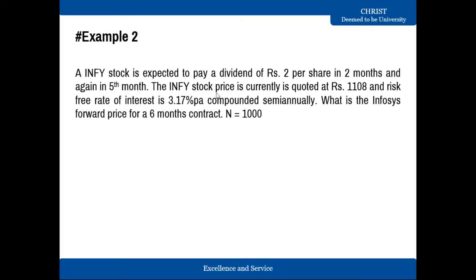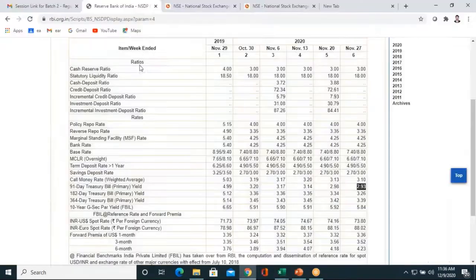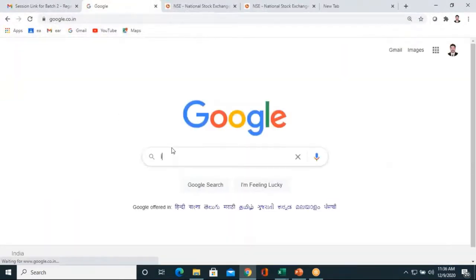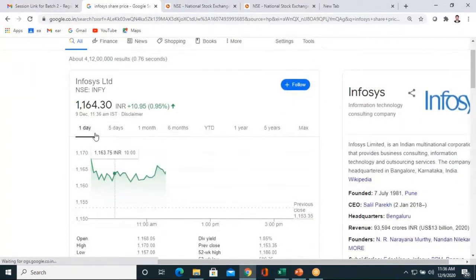The Nifty Infy stock price is currently quoted at 1180 before. So I will take the same example, because again there are calculations that I need to do. Infosys price is 1164 now, or I can say yesterday's closing price.